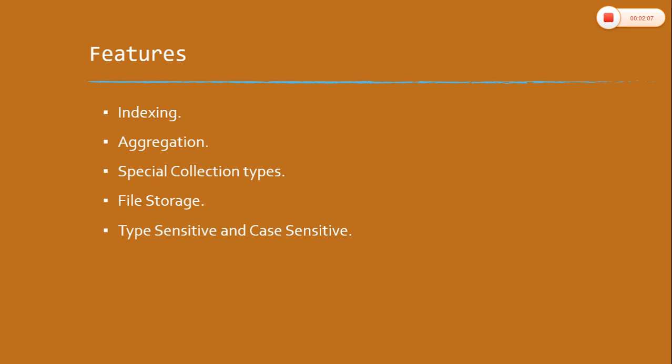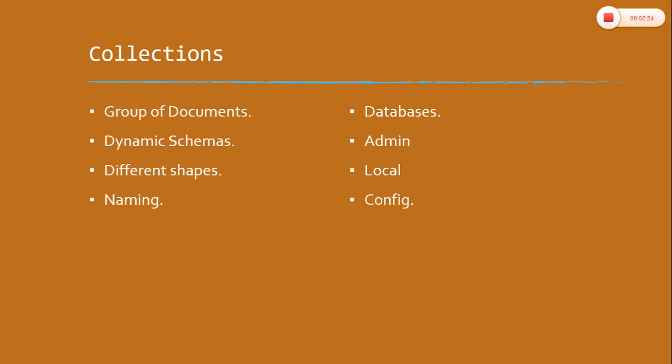MongoDB supports all collection data types from JSON to BSON. What is BSON? BSON is binary JavaScript object notation, where MongoDB internally converts the JSON object into a BSON object for faster processing. And MongoDB is type sensitive as well as case sensitive. What is a collection? Just as we create a table in a relational database, in MongoDB we create a collection.